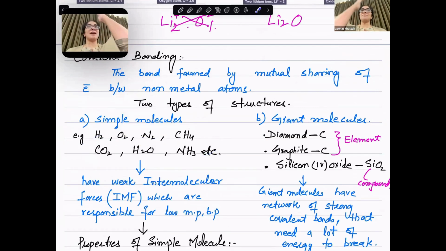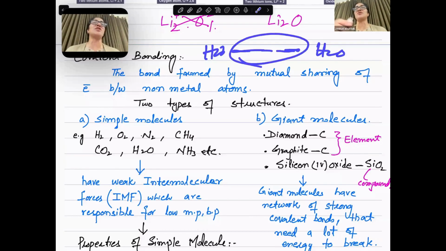In air, there are molecules. One molecule attracts another molecule with very, very weak forces, which are called intermolecular. What is the meaning of the word inter? Between molecules. One molecule and the other molecule, between molecules, intermolecular.